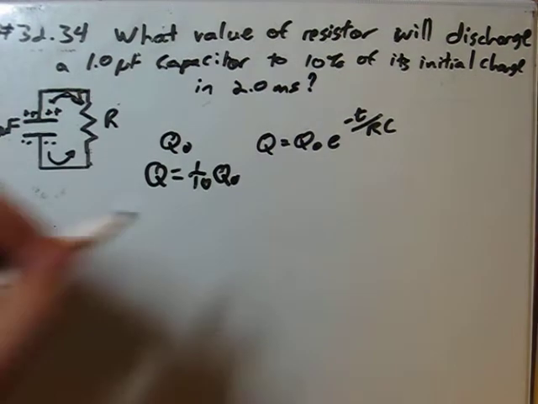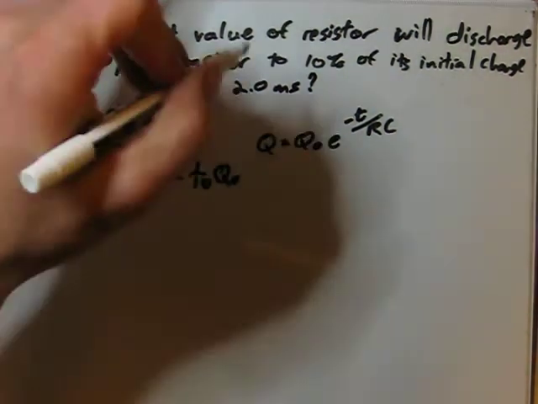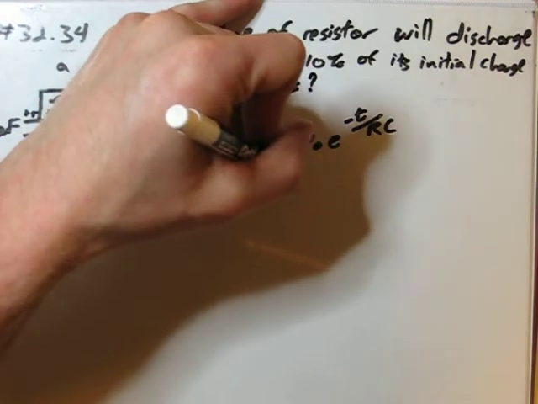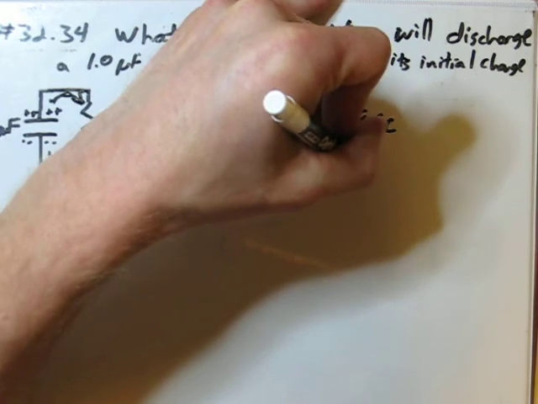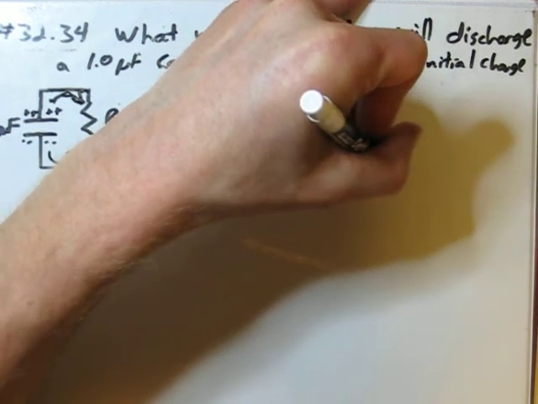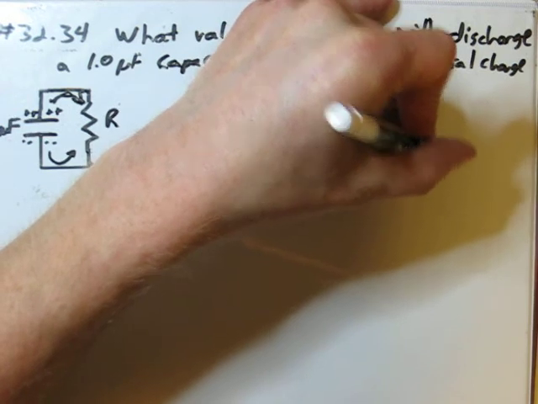So we can substitute that in, and you end up with 1/10 Q naught equals Q naught e to the negative t over RC.